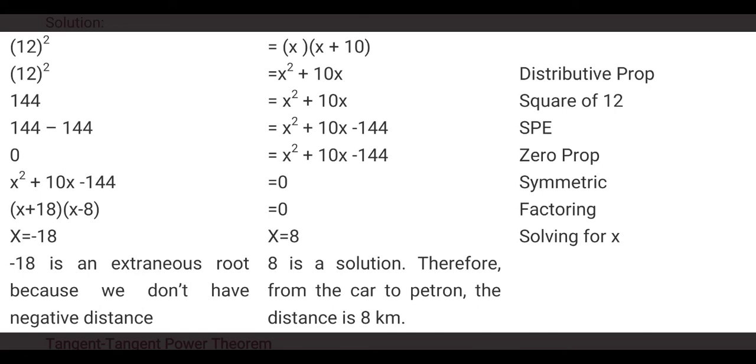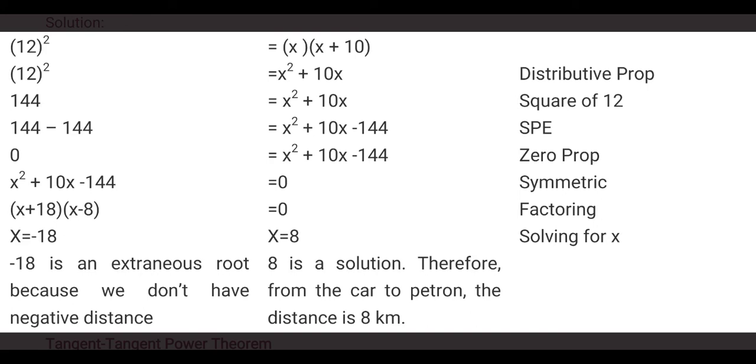This will lead to a quadratic equation. So subtract 144 from both sides. We move the 144 to the other side, so from positive it becomes negative 144. Here we have now the quadratic equation 0 is equal to x squared plus 10x minus 144. Then we get the roots of the quadratic equation.